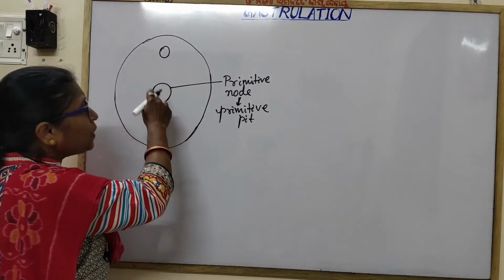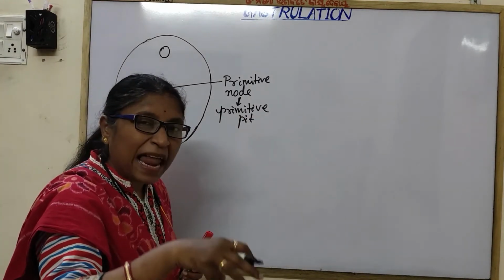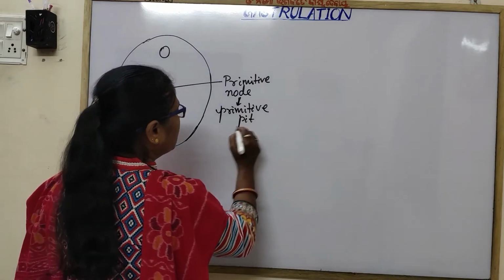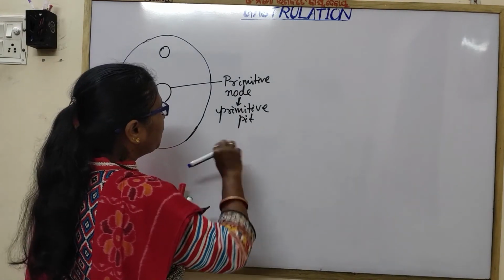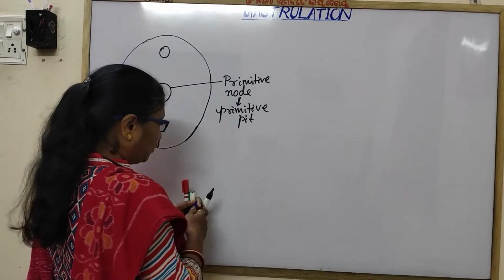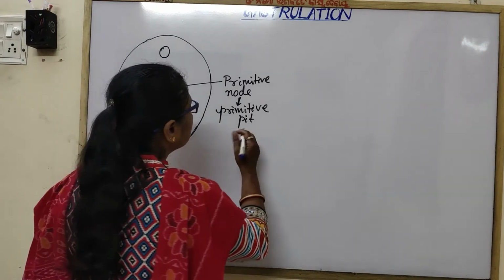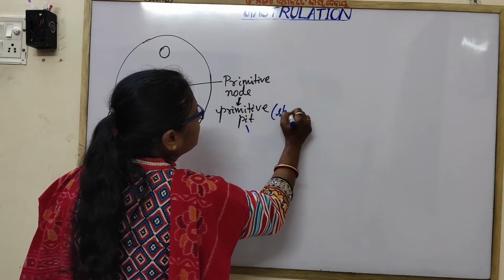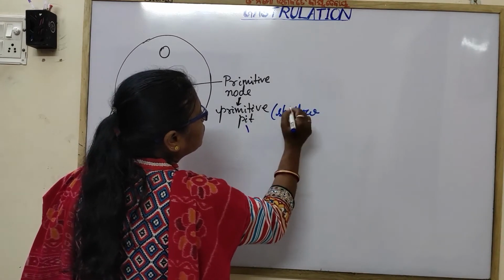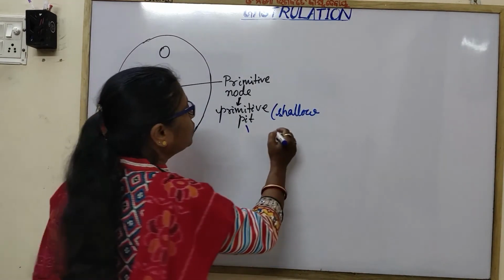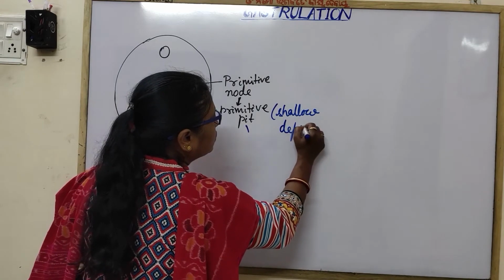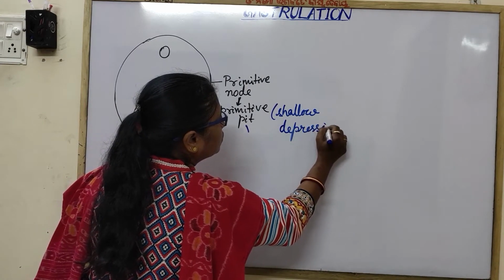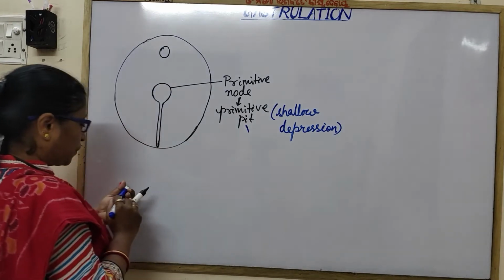Then this primitive pit is a shallow depression. What is this? It is a shallow depression. Not so deep, shallow depression.